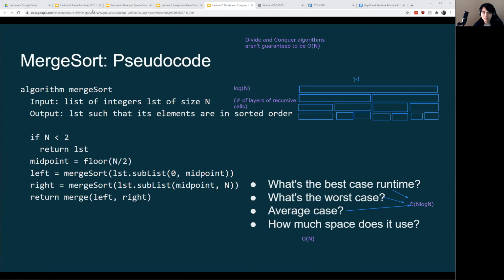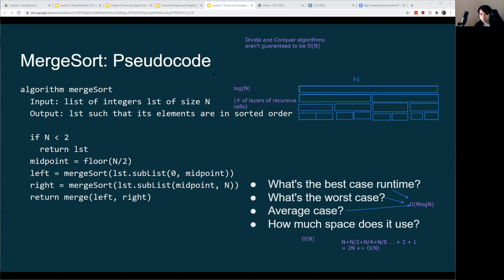Which means that if we have n on the top layer, n over 2 on the second layer, n over 4 on the third layer, n over 8 on the layer after that, eventually we're going to end up with 2n elements that we have to keep track of, right? 2n list elements, which overall will be O of n. That's the argument for space.